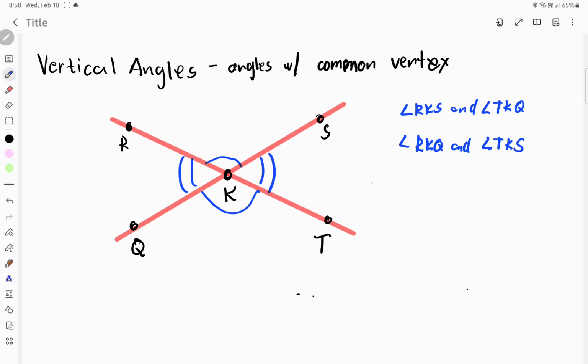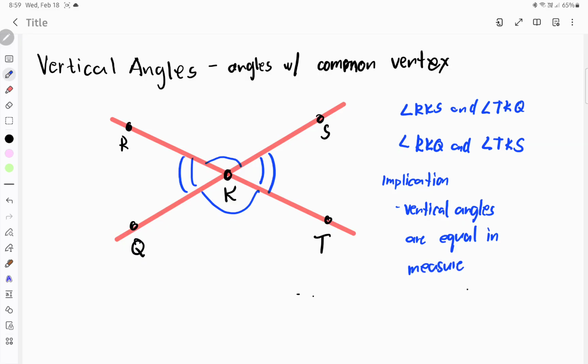Another implication is that vertical angles are equal in measure.